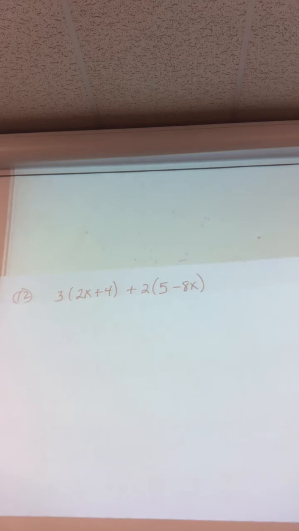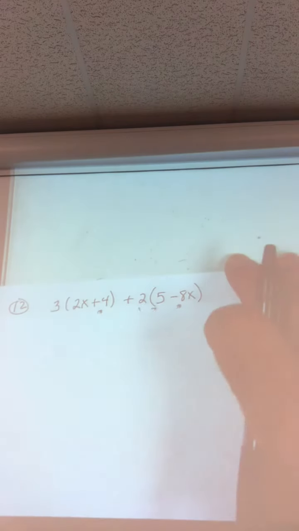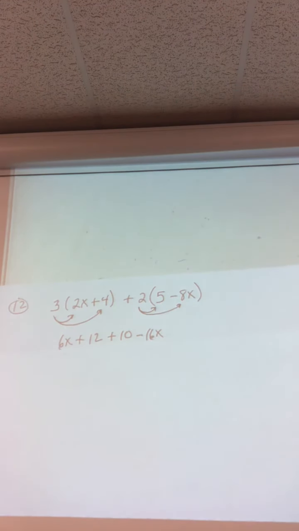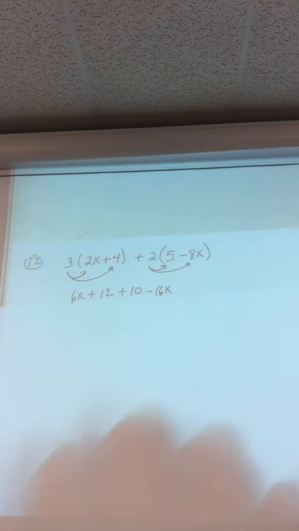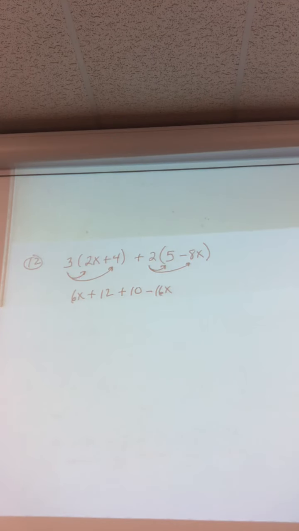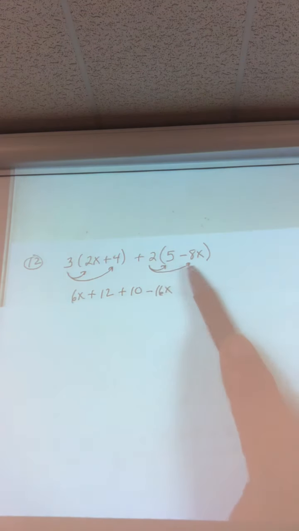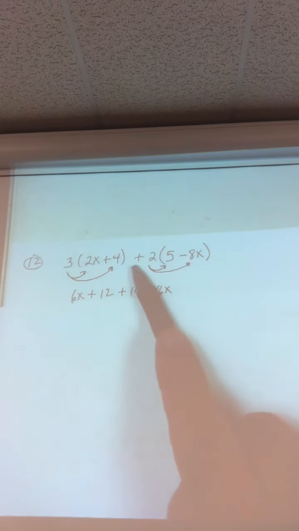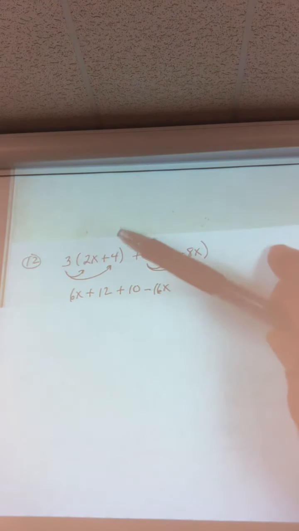That's called the distributive property. When I take 3 times the 2x, that's 6x, and then 3 times the 4 is plus 12. And then 2 times the 5 is plus 10. You have to have a sign in front of every number. And then a positive 2 times a negative 8, a positive times a negative is a negative 16x.